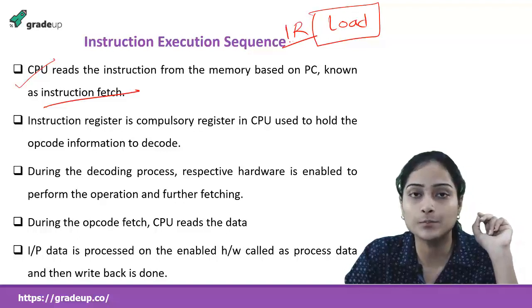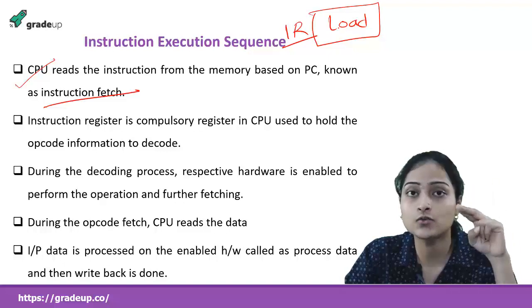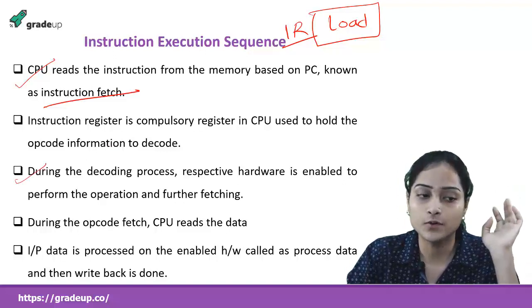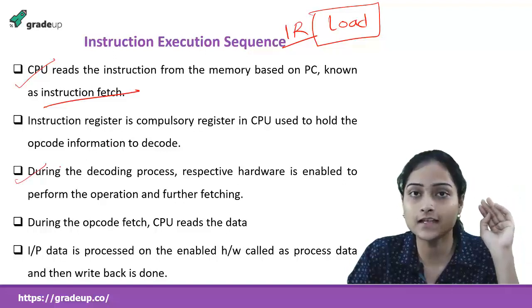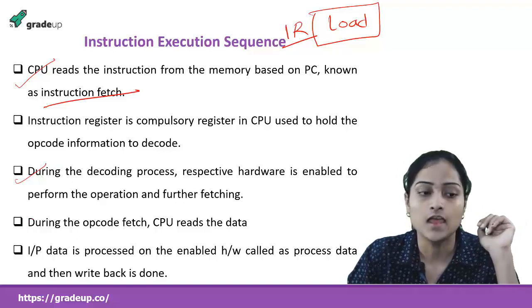It is also a compulsory register which holds the result after fetching and gives the information to my decoder for its further decoding. During the decoding process, we will fetch the remaining part, we will know whatever operation we have to do, and we will enable the hardware of that particular operation.